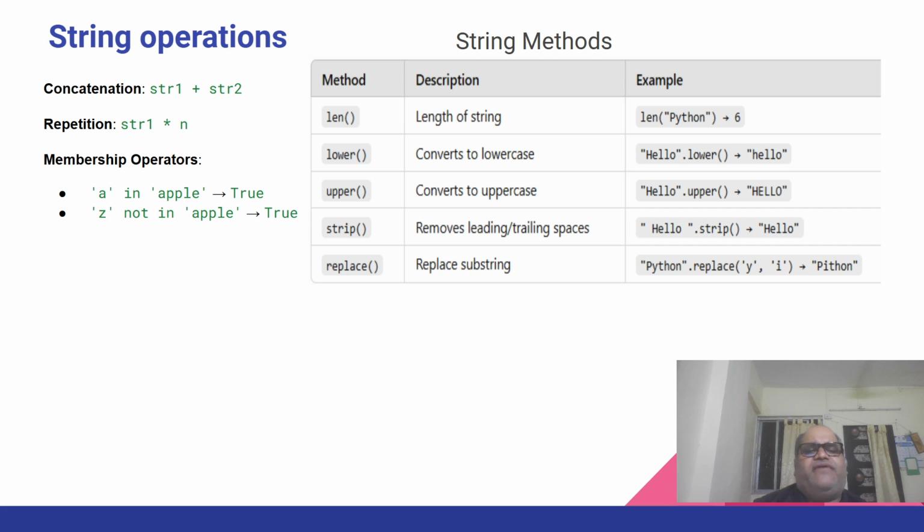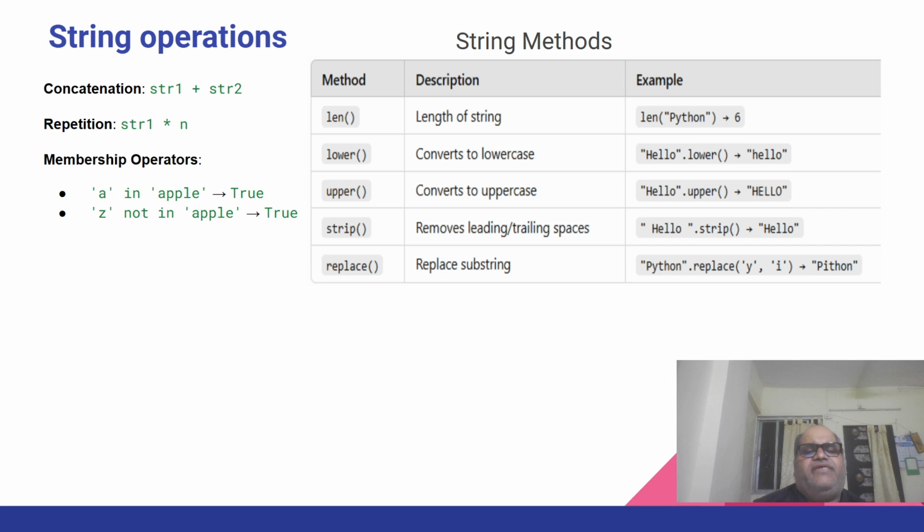Then lower, it will convert to lower case, right? What will happen if you apply lower to a capital H and small e-l-l-o? All of this will get uniformly converted to lowercase. A similar one will be upper, right? It will convert everything to uppercase. So like you can see, HELLO here.